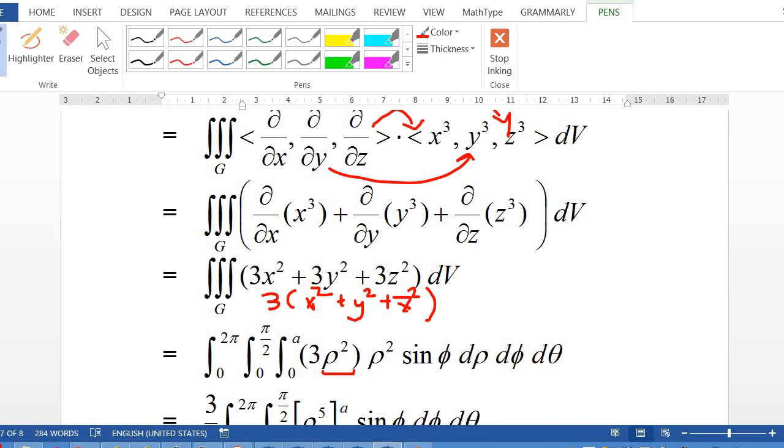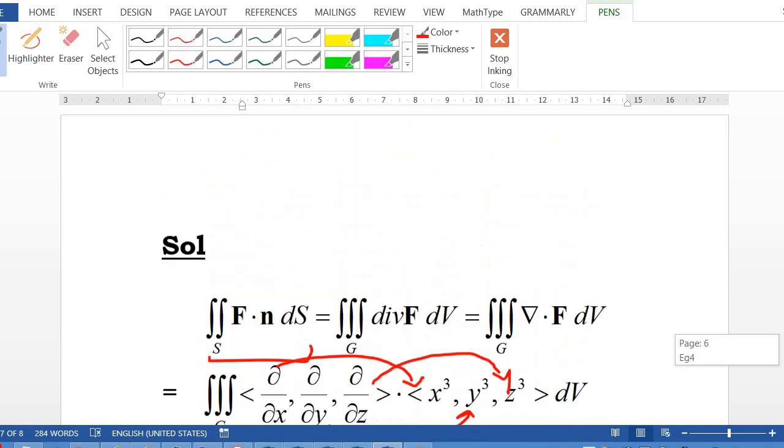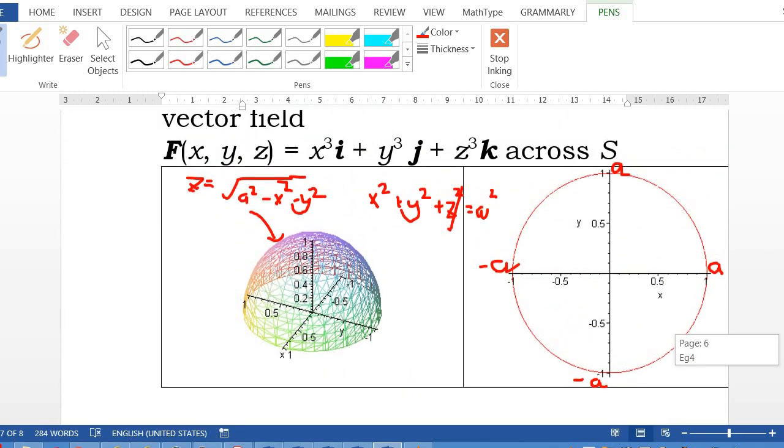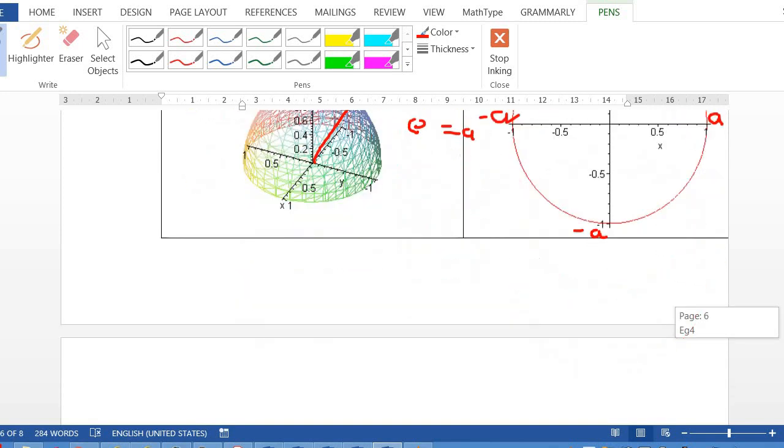Rho comes from the hemisphere equation that you square: x squared plus y squared plus z squared is rho squared equal to a squared. That's why rho is equal to a. Rho goes from the origin to the surface at a, so rho is from 0 until rho equal to a.